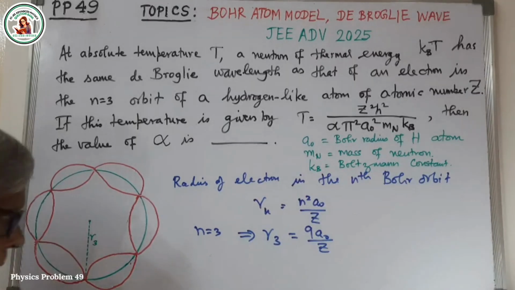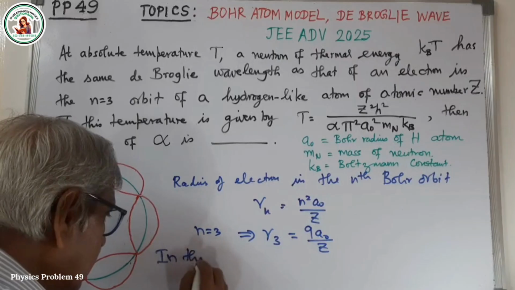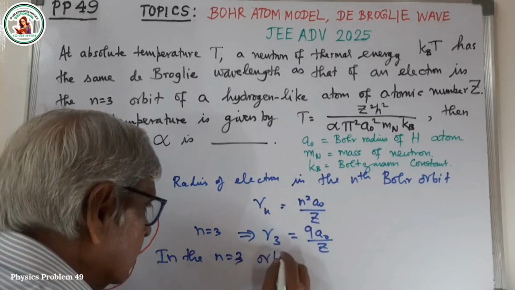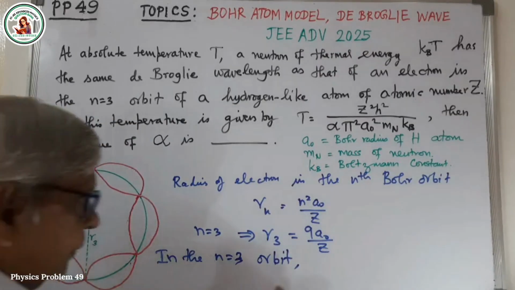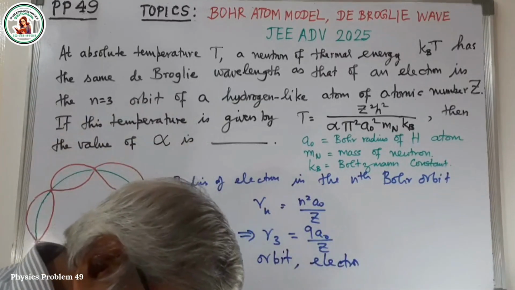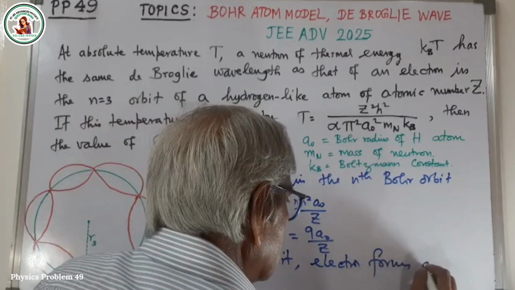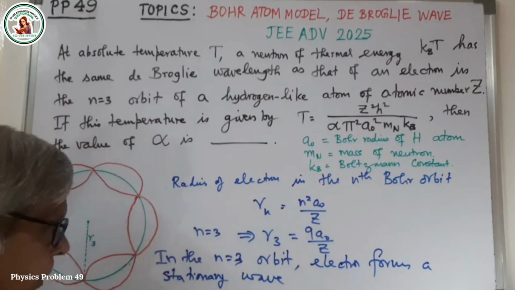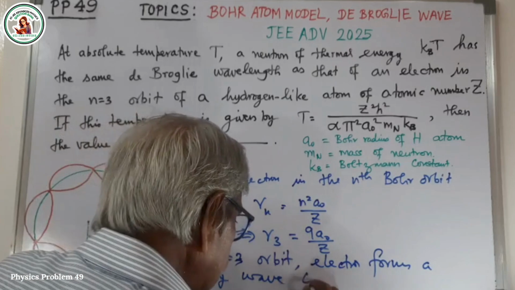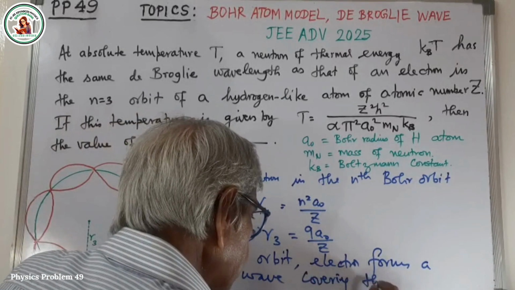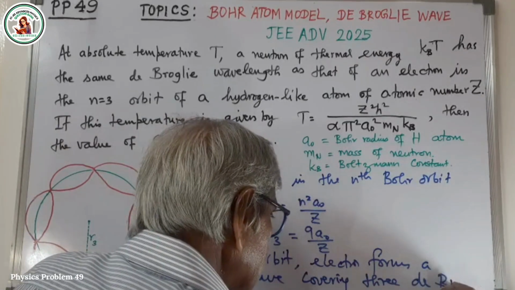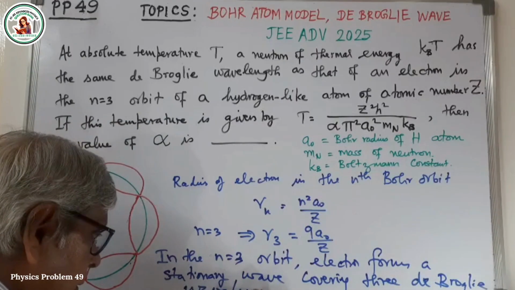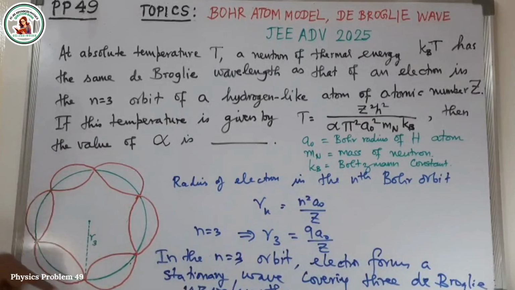I will write the statement: in the n equals 3 orbit, the electron forms a stationary wave covering 3 de Broglie wavelengths, which I have shown in the diagram here.